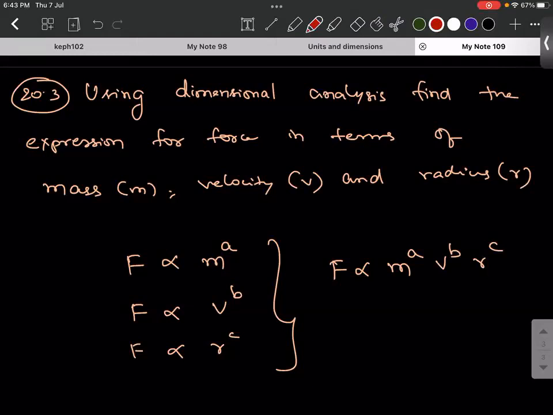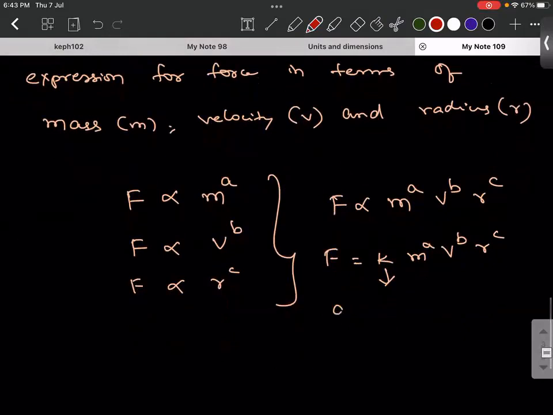Can I do this? Whenever you remove the proportional symbol, what do you introduce? You introduce a constant. So K times M power A, V power B, R power C, where you need to ensure that this K does not have units or dimensions, because we don't know what the physical quantity K is.